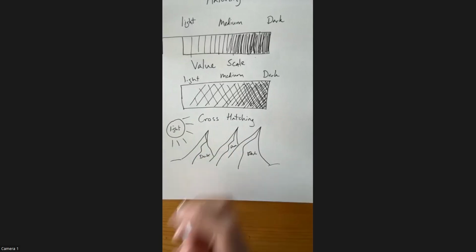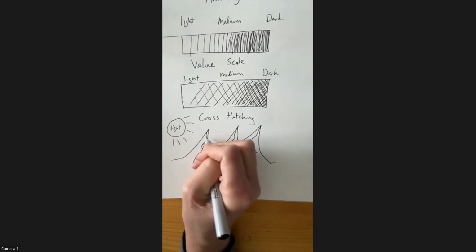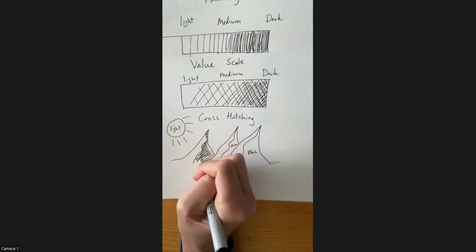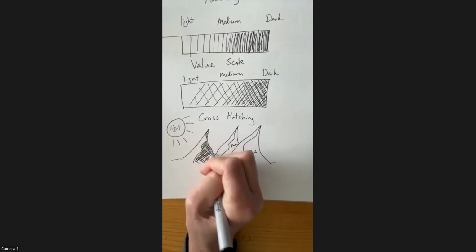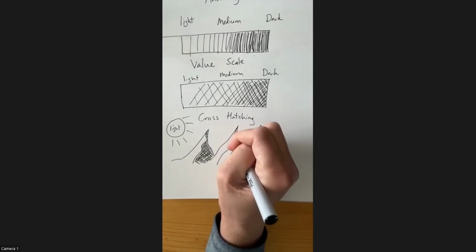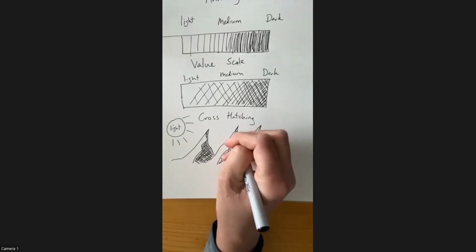What we are going to do though is take these dark sections, and you can choose to only do hatching, so the one lines, or you can choose to do cross hatching, so adding the other lines in the other direction to create our shadow on that section of the mountain.